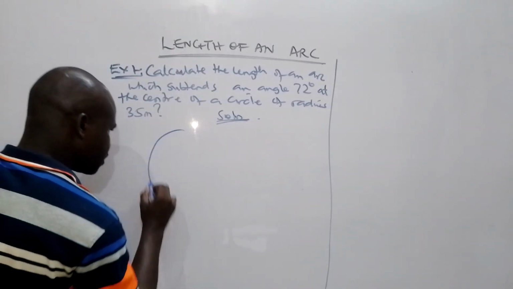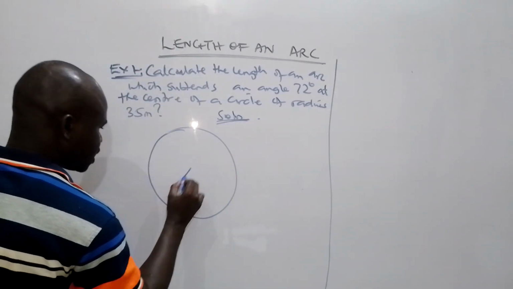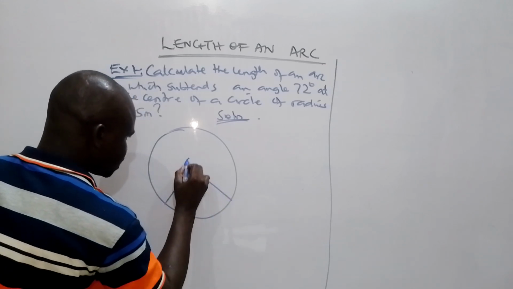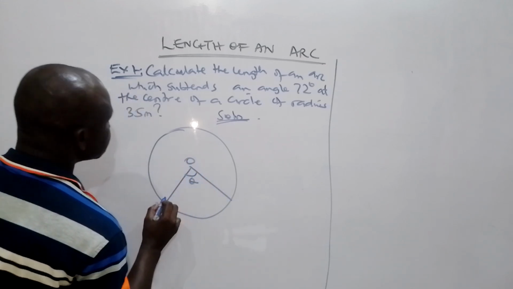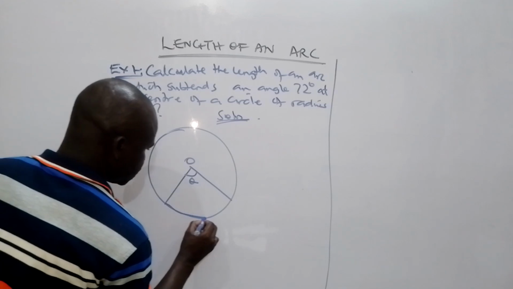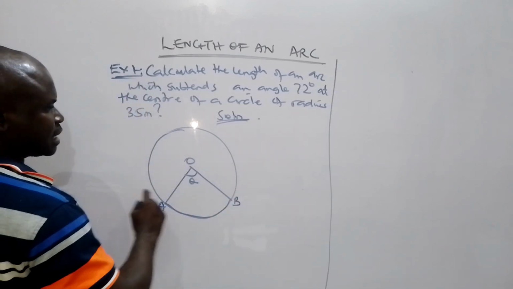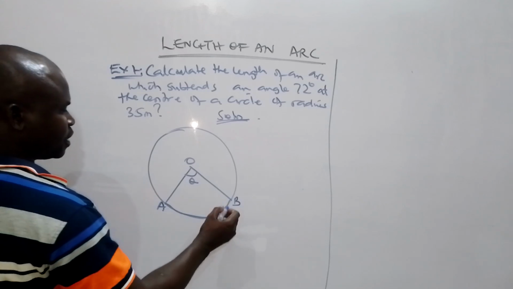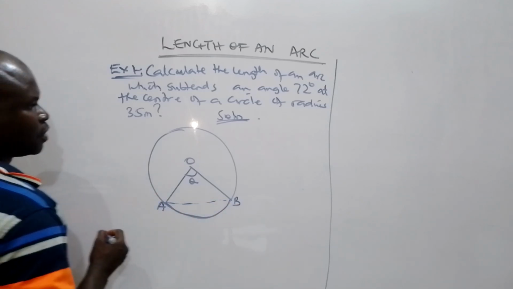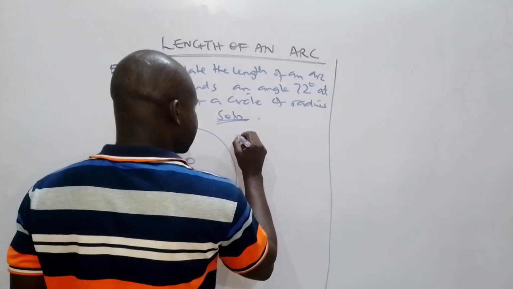You can make your sketch here and bring out the radius. Say this is O, here is theta. So this is the arc. Say this is B, this is A. We want to find length AB. The length of this arc is AB. Of course, if we trace out the chord.